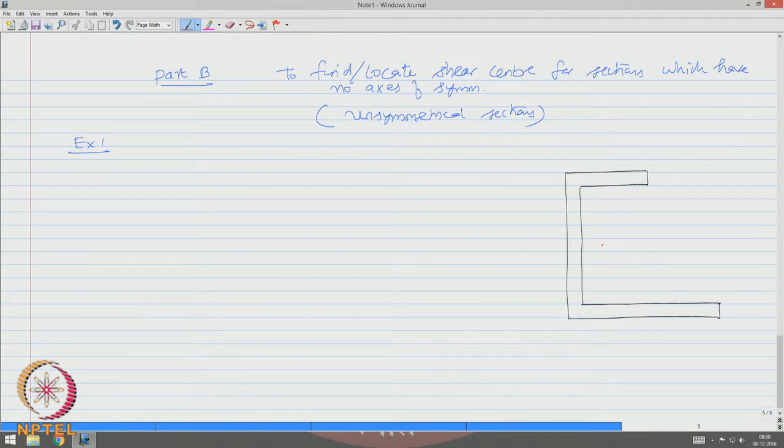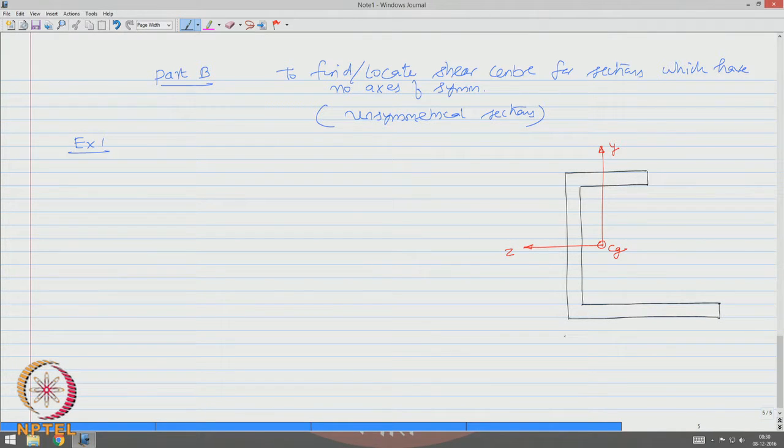Let us say this is my z axis and this is my y axis and that becomes my CG, which I need to locate, and the section has no axis of symmetry.